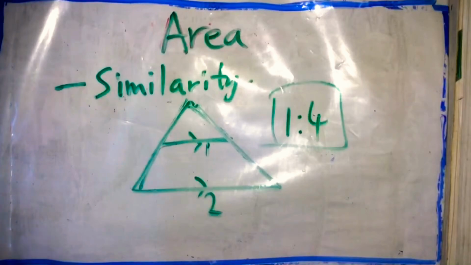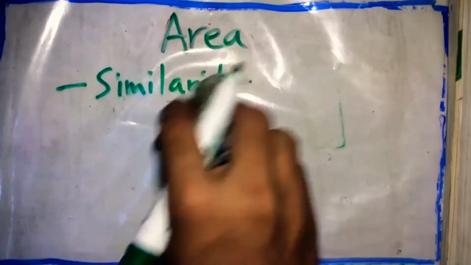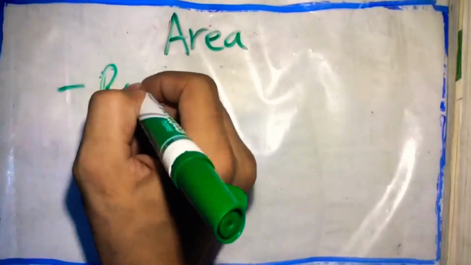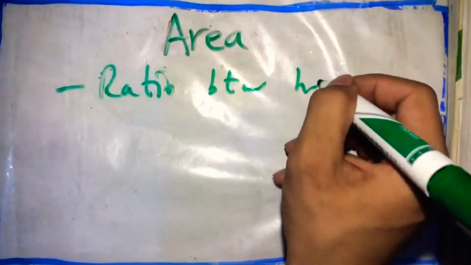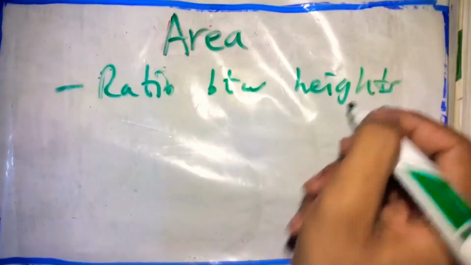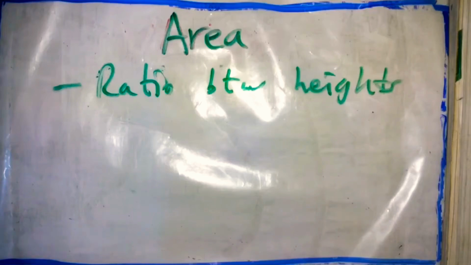The next method is the ratio between the heights. If the bases of 2 triangles are equal, then the ratio of their areas will be equal to the ratio of their heights.